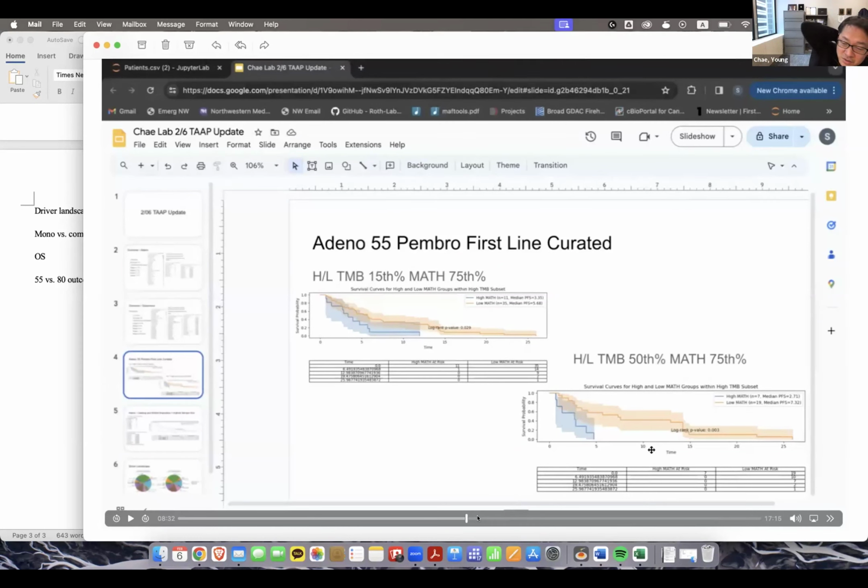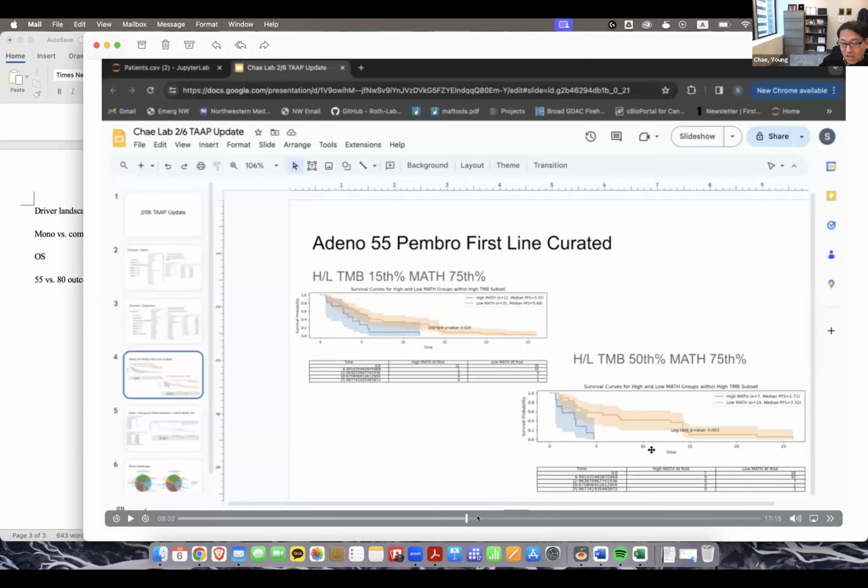So if you use TMB 50% as a cutoff, you have 7 and 19 patients in each group. With TMB 15%, you have 11 and 35 patients in the two groups. So more patients there.